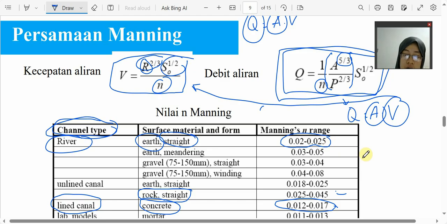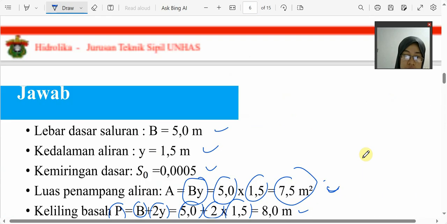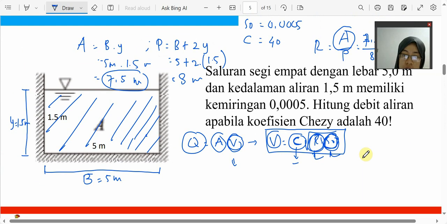In the example problem here, we just have one example of a Chezy number, which is 40. But maybe if you are looking at another book or another reference, you can search for Chezy coefficients.